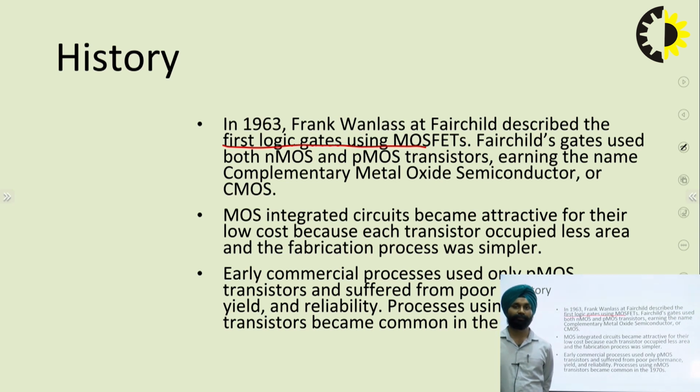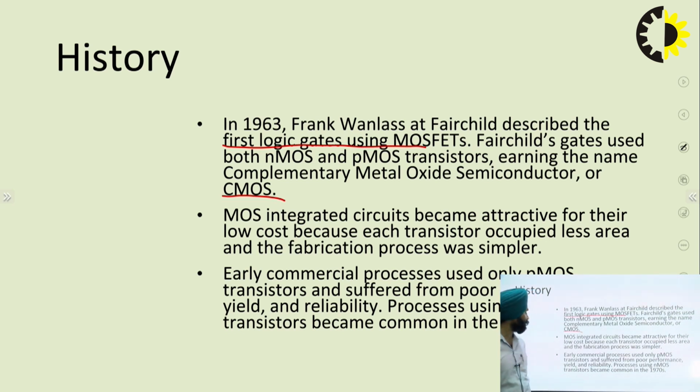Because they are using P and its complementary N type MOSFET, they named it complementary MOSFET, or CMOS technology. With this CMOS technology, we can create logic gates, and when we can create logic gates, we can create a number of digital circuits.